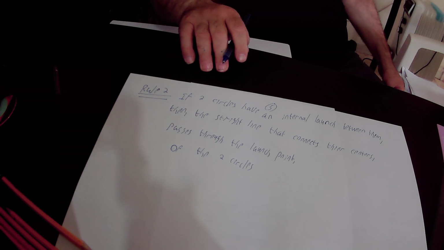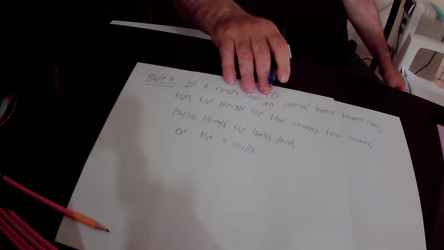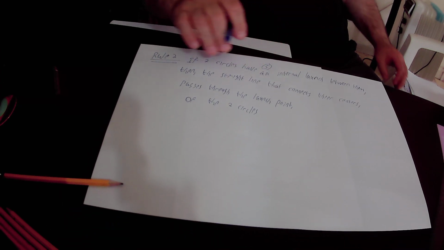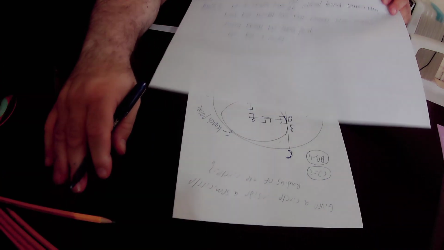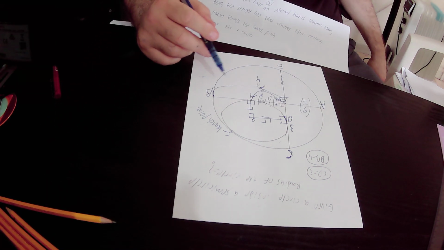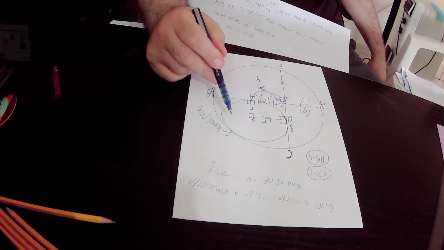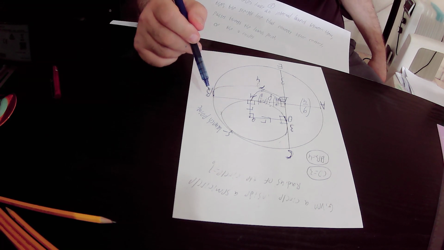And as I already said, the launch point is the point of tangency or point of contact. In our specific drawing, those two circles have an internal touching between them, and the launch point is located here at point S.